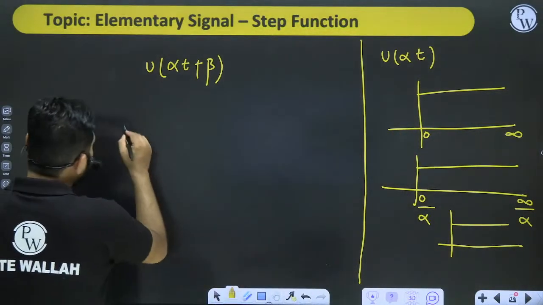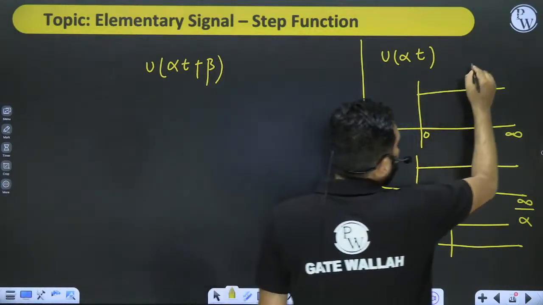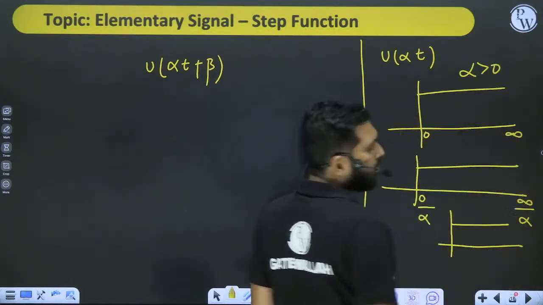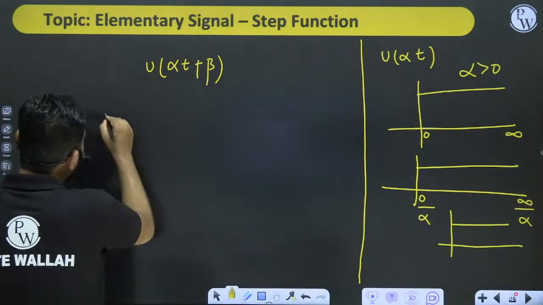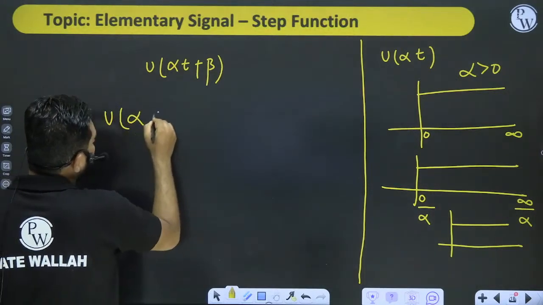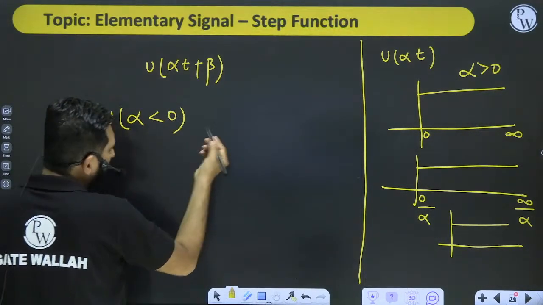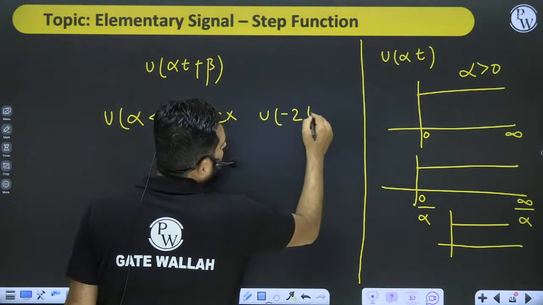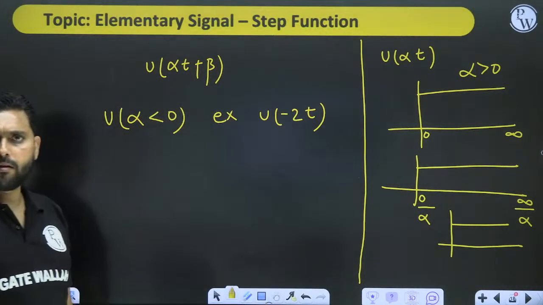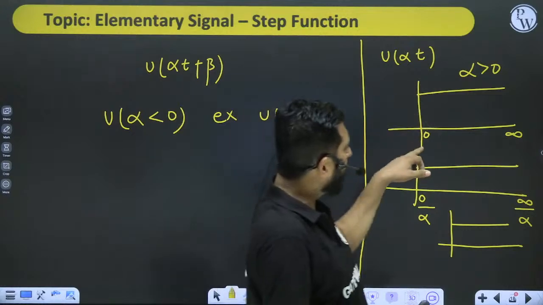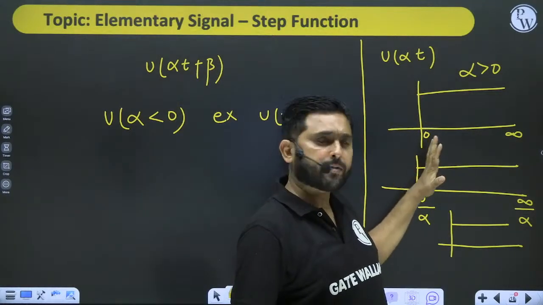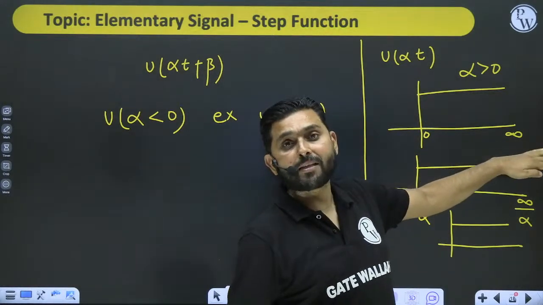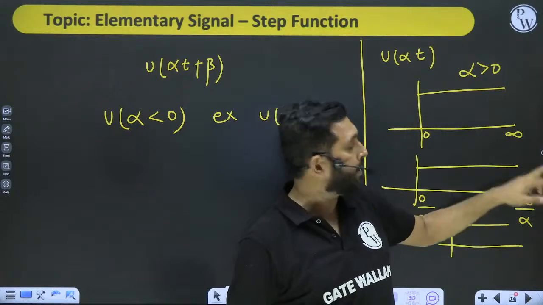But that is only possible when alpha is greater than 0. What will happen if alpha is less than 0? For example, u(minus 2t). When you divide 0 by minus 2, it becomes the same thing, but infinity divided by minus 2 becomes minus infinity, yes or no?